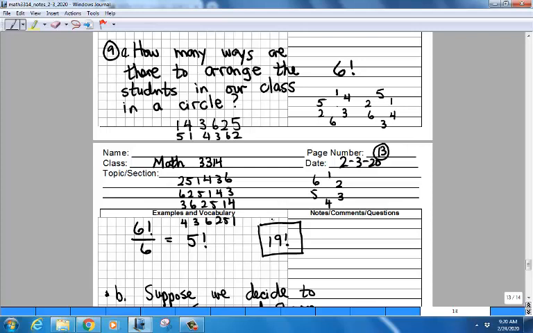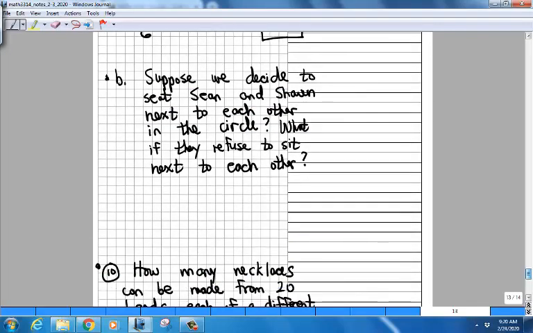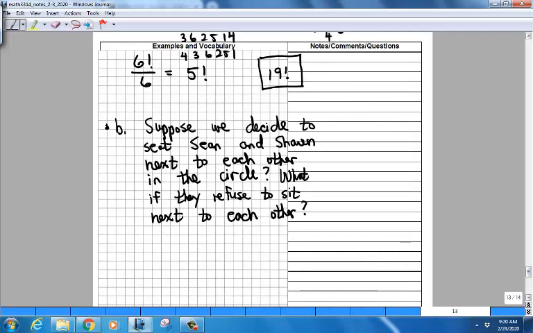Okay. Let's make a variation on this then. Suppose Sean and Sean there, we're going to sit them together. So if you want to sit them together, how many ways can we do this?